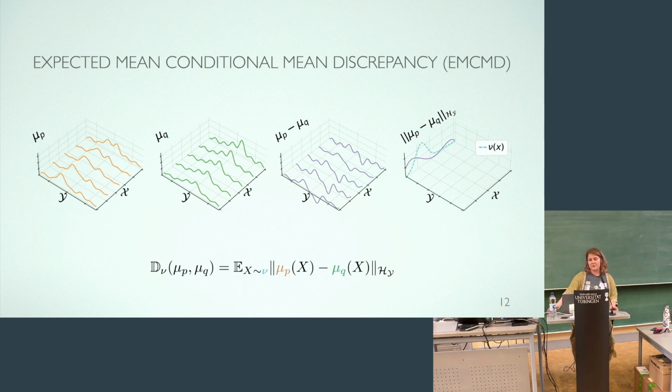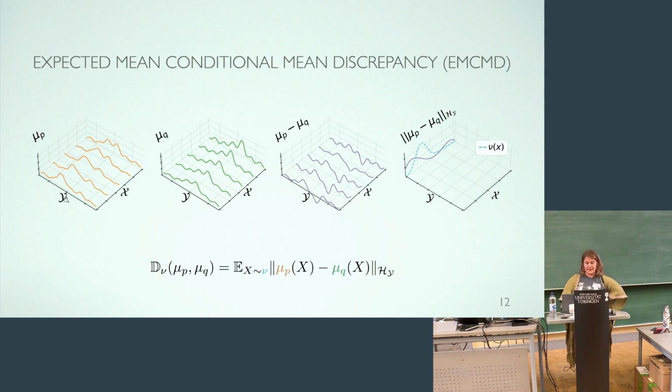So now we're ready to introduce EMCMD as the distance between conditional distributions that makes use of these conditional kernel mean embeddings. So suppose I have conditional distributions P and Q, and these are the conditional kernel mean embeddings.